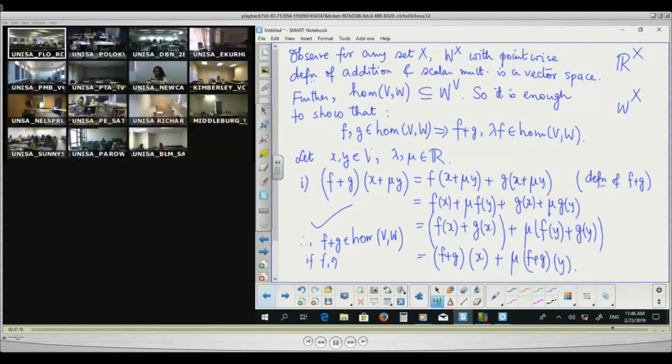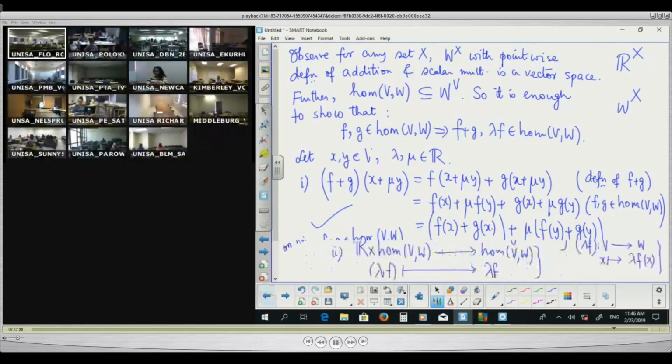And where did I require this? I required that here. So, in the end, I have therefore defined the binary operation over here.